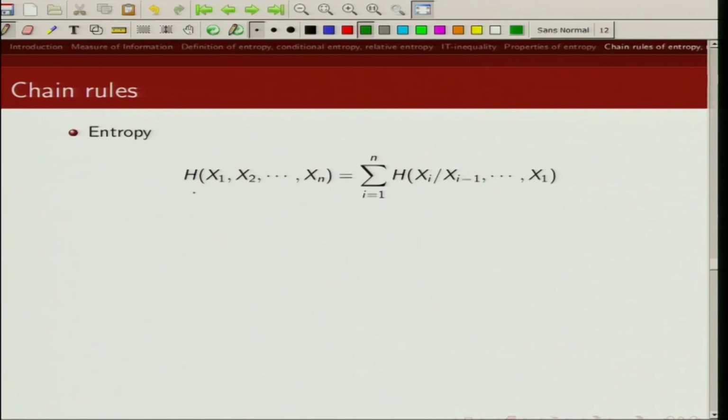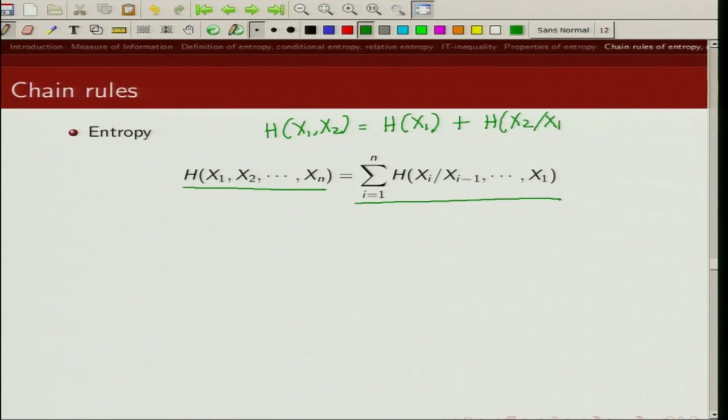The joint entropy of random variables x1, x2, x3, up to xn can be written in terms of their conditional entropy in this particular fashion. For example, H of x1, x2 can be written as H of x1 plus H of x2 given x1. So we can write this joint entropy as a summation of conditional entropies.